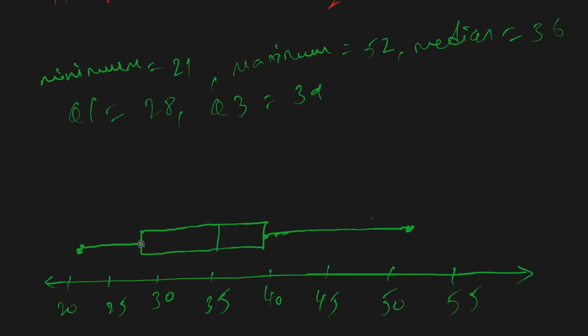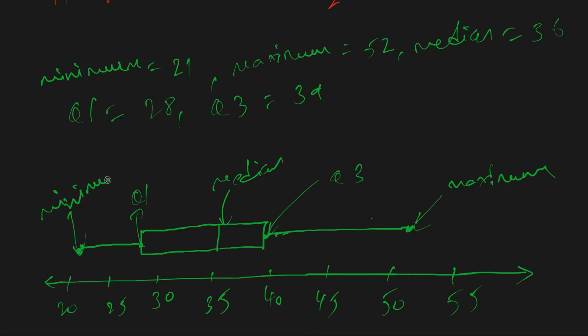Okay, so this is called Q1, this is called the median, this point is called Q3, this is called the maximum or upper extreme, and this is our minimum.